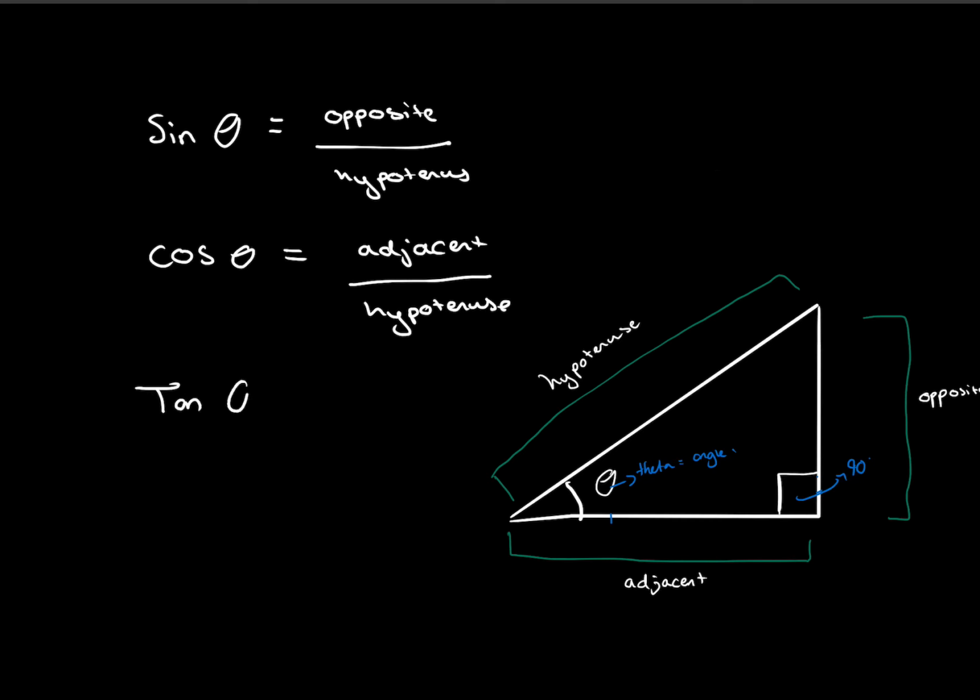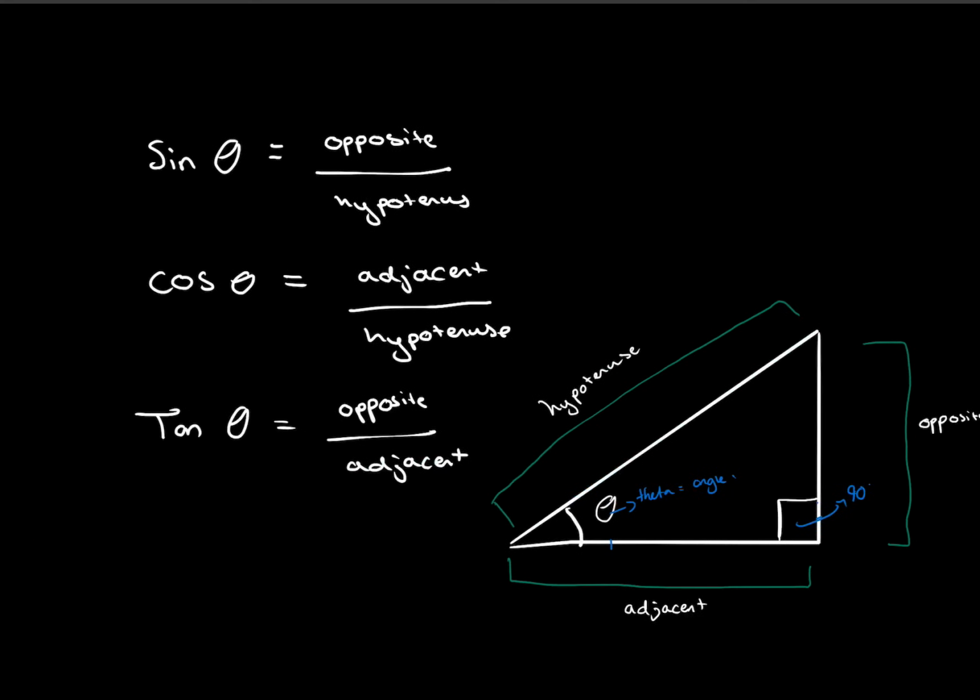And we've got our tan theta, which is opposite over adjacent. So we use these functions to work out the angle, the distance, the sides of the triangle, and we'll see by the example here that many parts will have to use sine, cos, and tan.